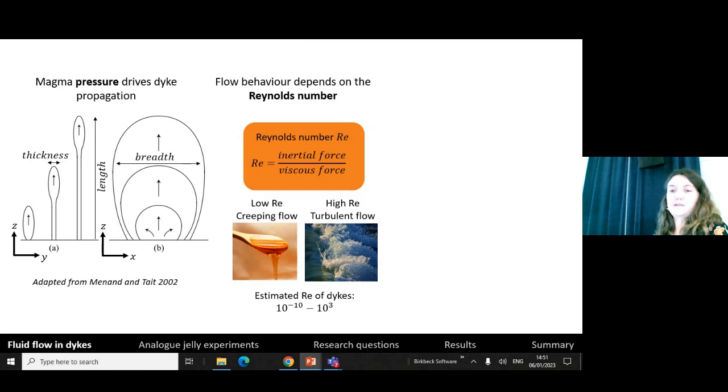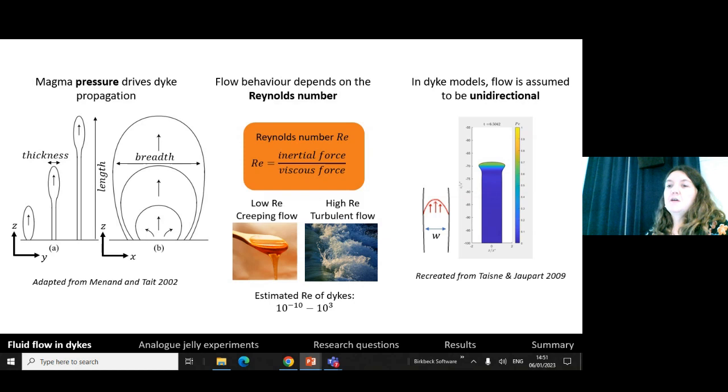But generally this is assumed to be quite viscous dominated, and that makes sense because of the thin geometry of dikes. So in dike models, which are essential for interpreting the signals and trying to predict how a dike will behave, the dikes are always assumed to be viscous dominated, and as a result, we also assume that the flow is unidirectional.